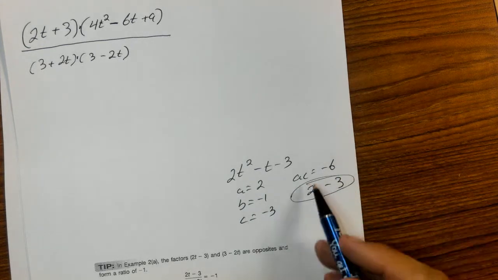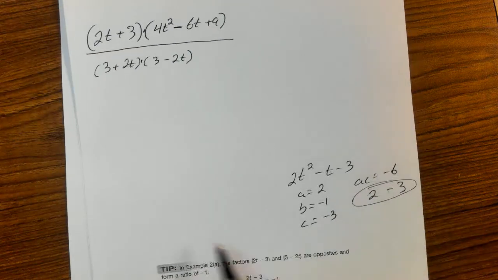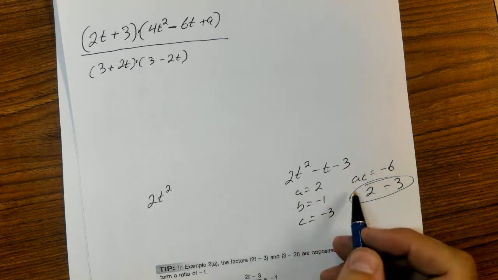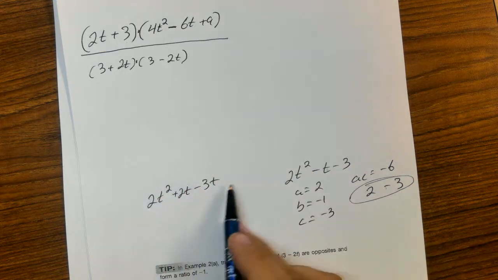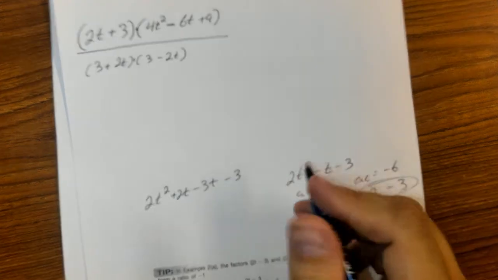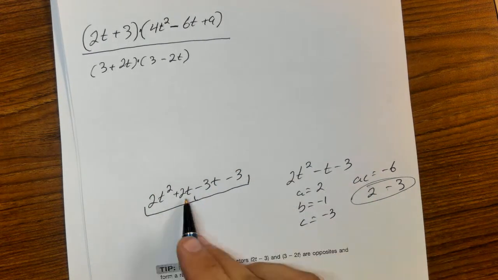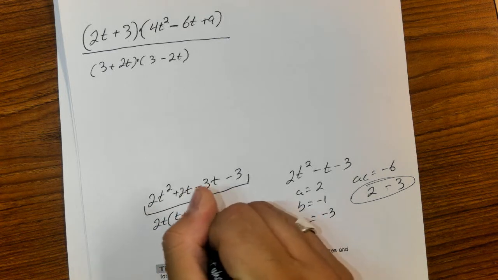These two numbers are going to help me split this middle term. So let me write that over here. So 2t squared plus 2t minus 3t. Again, combine those two, gives me my negative t. And then I still have negative 3. And then I can do my factoring by grouping. So the GCF of the first group is 2t, followed by t plus 1.